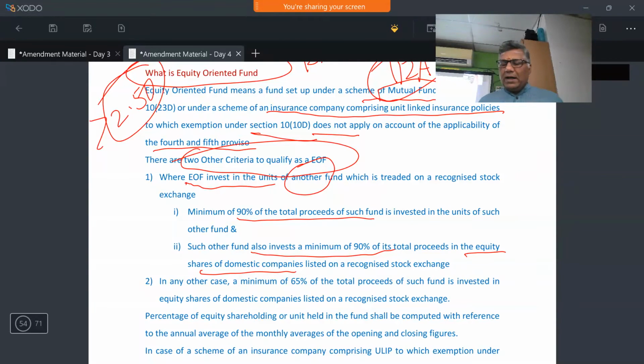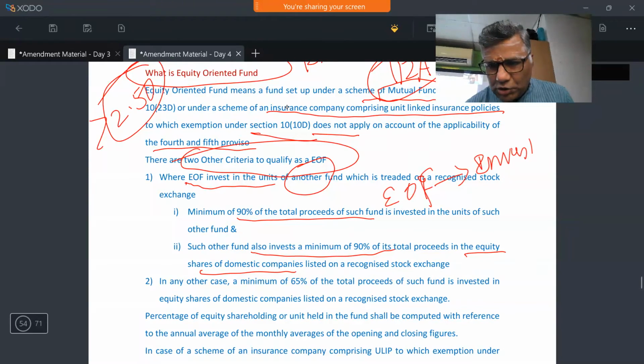Okay, the condition not only is for the EOF, it is for the investee also. Where you are investing, they should also fulfill.